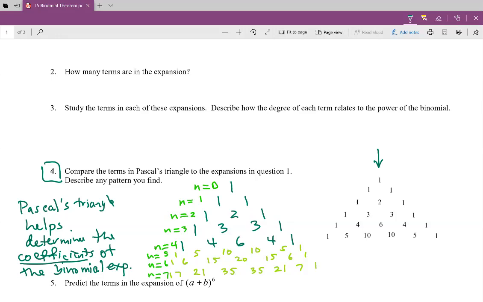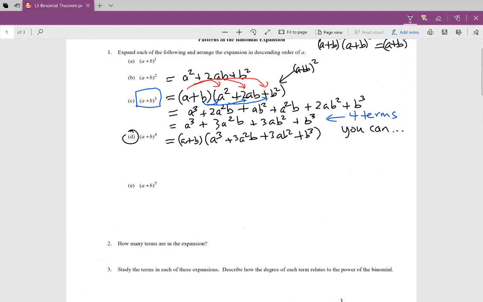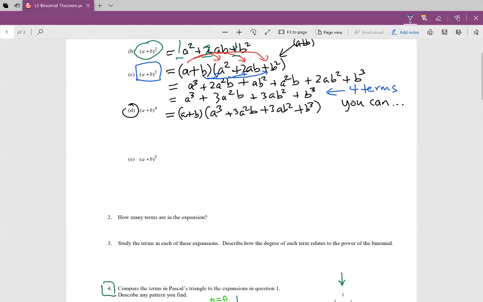Well, let's go back a couple steps and zoom out so it's a little bit easier. Remember our second example, a plus b squared. Let's take a look at the coefficients. The coefficients happen to be 1, 2, and 1. And let's take a look.